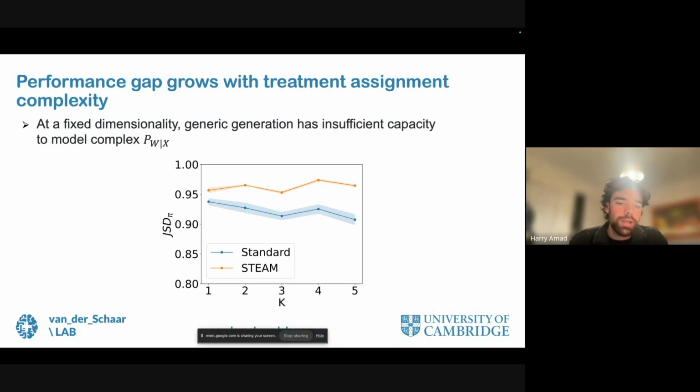And similarly, when we increase the complexity of the treatment assignment mechanism, so this is basically a simulated data set where we increase the number of covariates that the true treatment assignment depends on, as the number of covariates k increases in this equation, the STEAM performance stays pretty stable, whereas generic generative models struggle to capture this more and more complex distribution.